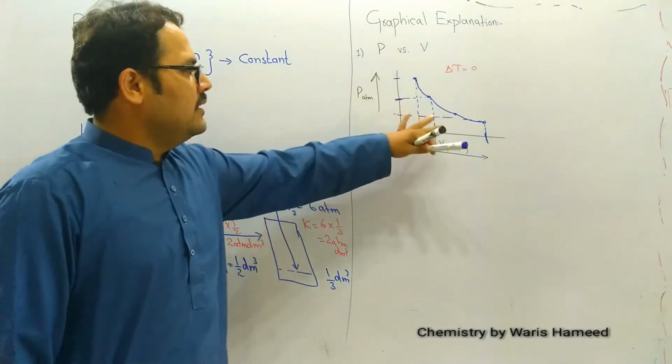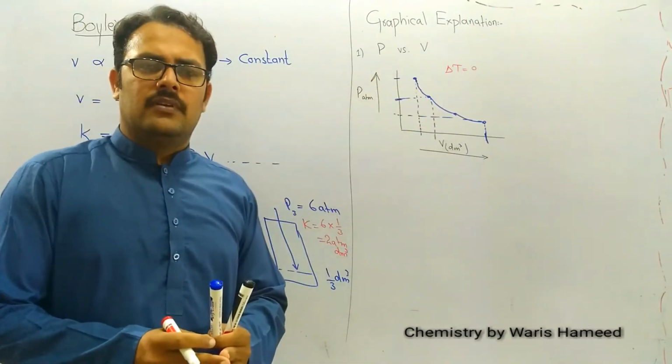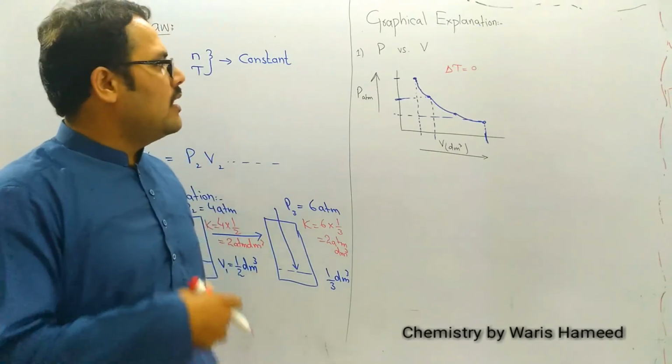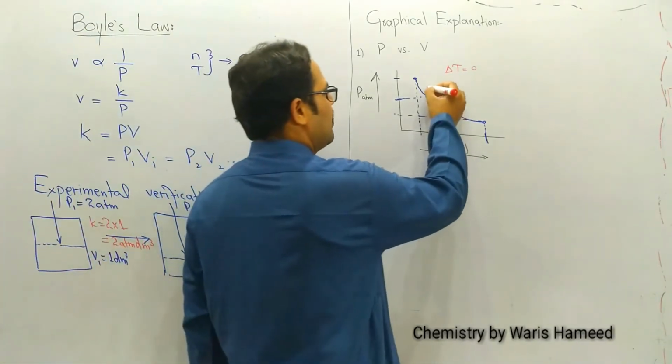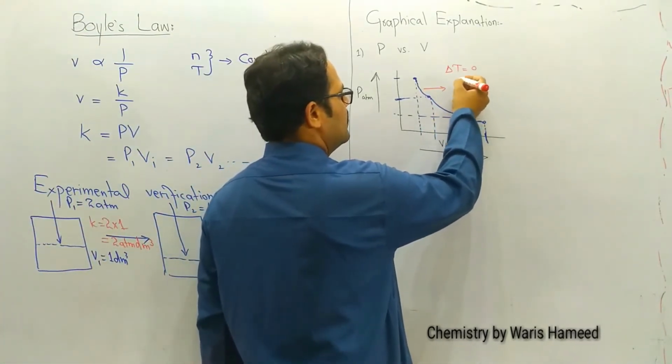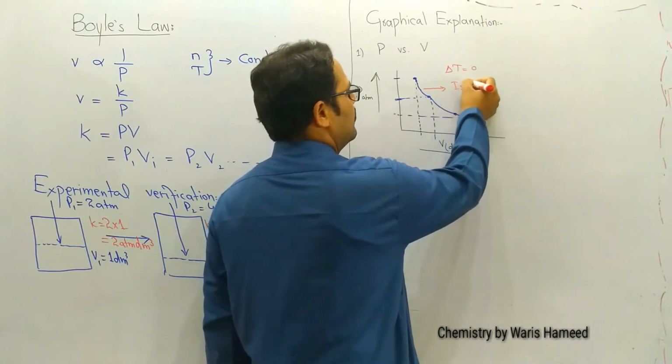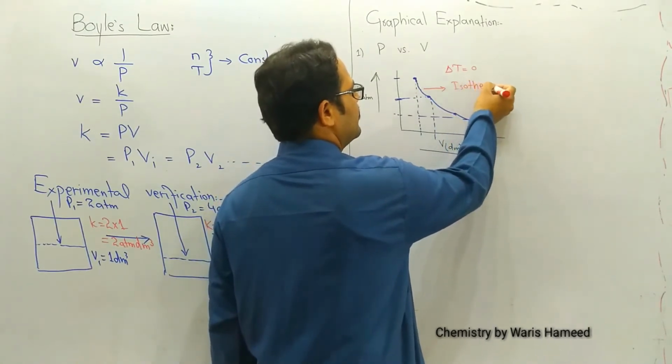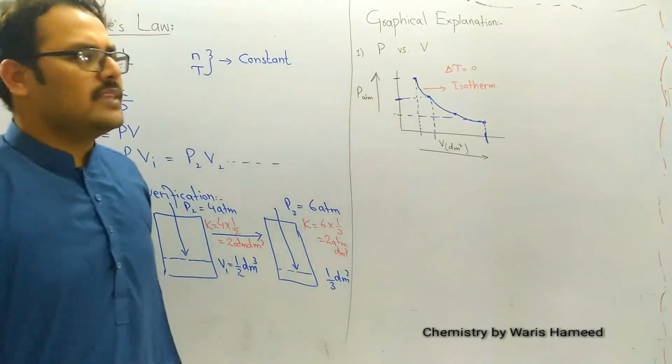If we obtain such a type of curve at constant temperature, we call this curve an isotherm.